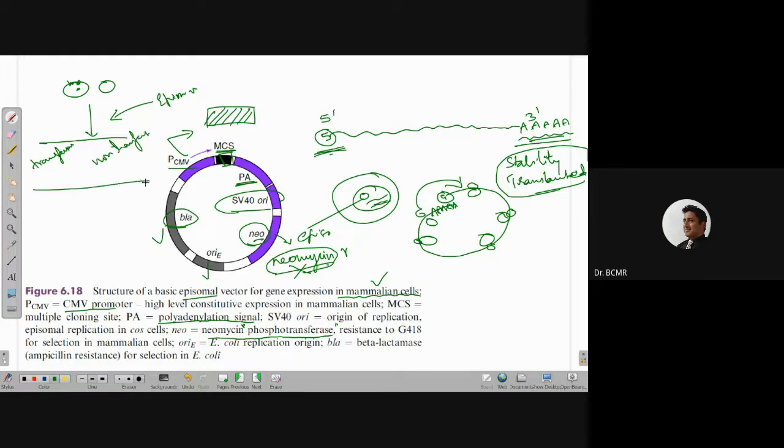Then we will grow them in culture media supplemented with neomycin. The transfectants will survive because they have the episomal vector in which neomycin phosphotransferase is present, which will inactivate neomycin. So there is growth. The non-transfectants will not grow because the cells are still sensitive to neomycin. Okay?